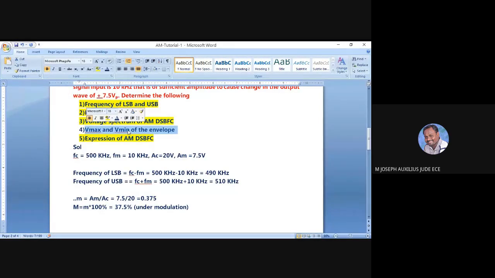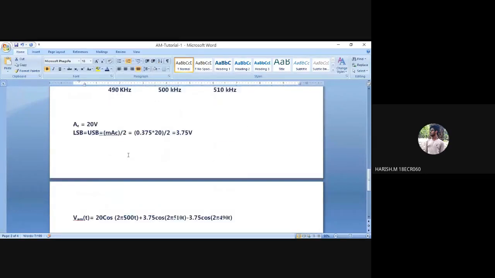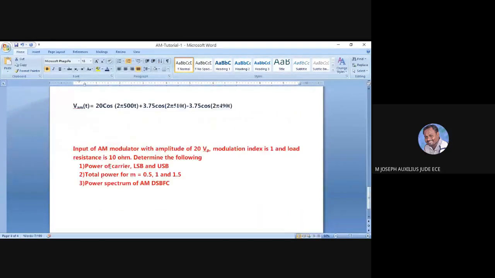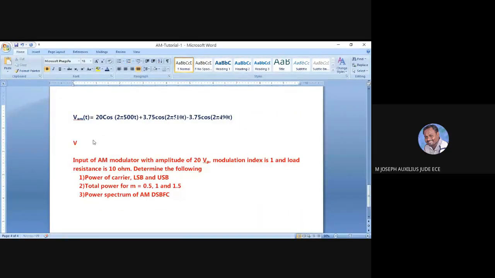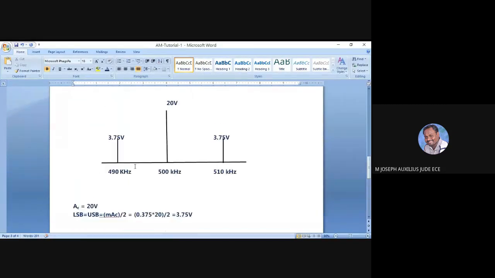What is your Vmax value? Vmax equals capital AC plus, what is mAC by 2?